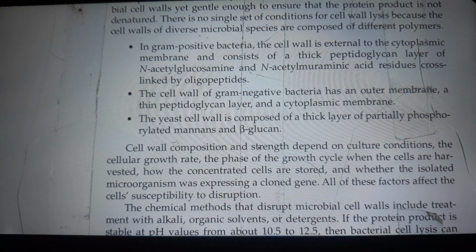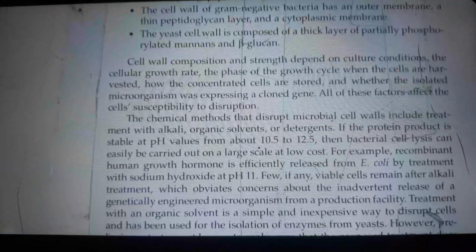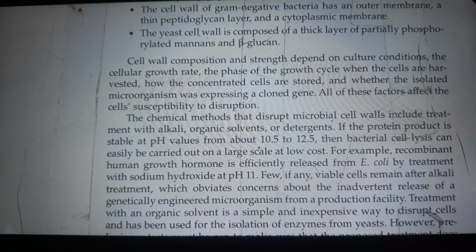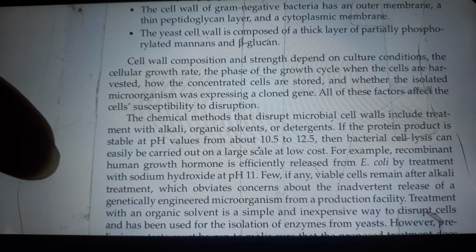The cell wall of gram-negative bacteria has an outer membrane, a thin peptidoglycan layer, and the cytoplasmic membrane. The yeast cell wall is composed of a thick layer of partially phosphorylated mannans and beta-glucan.